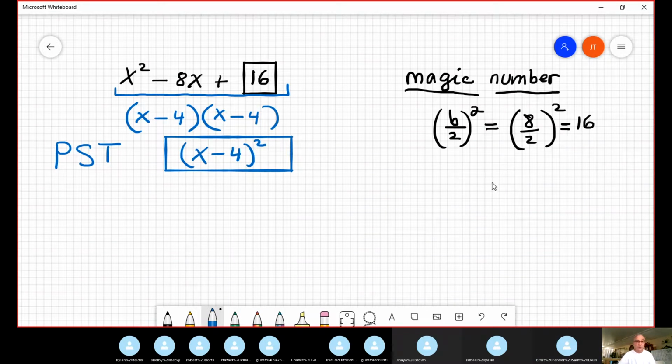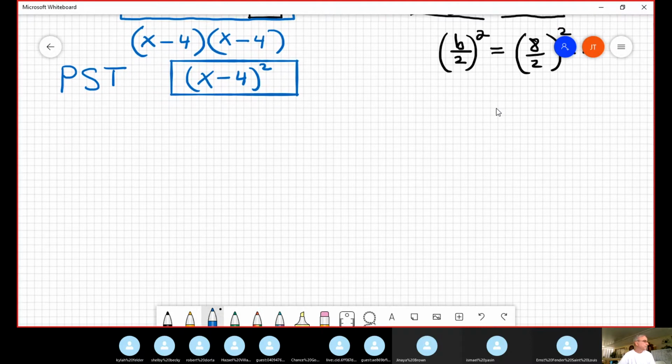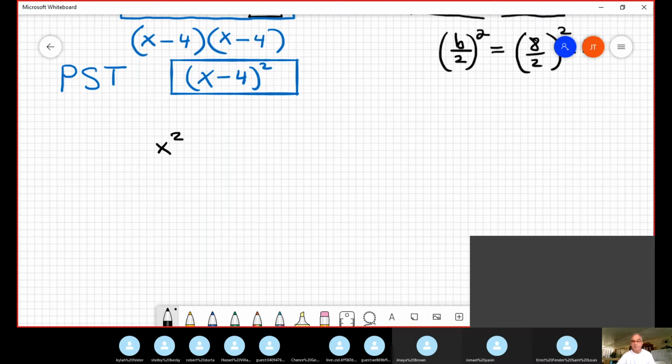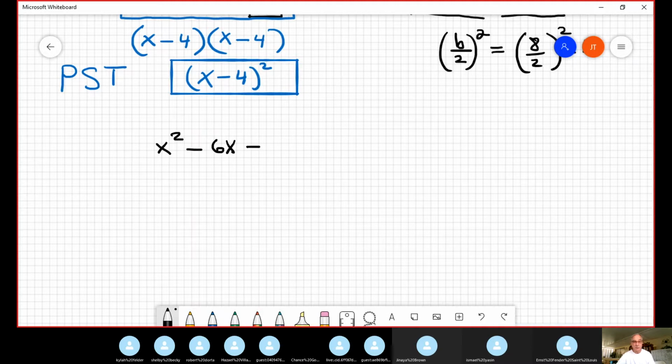Okay. Suppose another example. Application now. Suppose I want to solve this quadratic equation by completing the square.